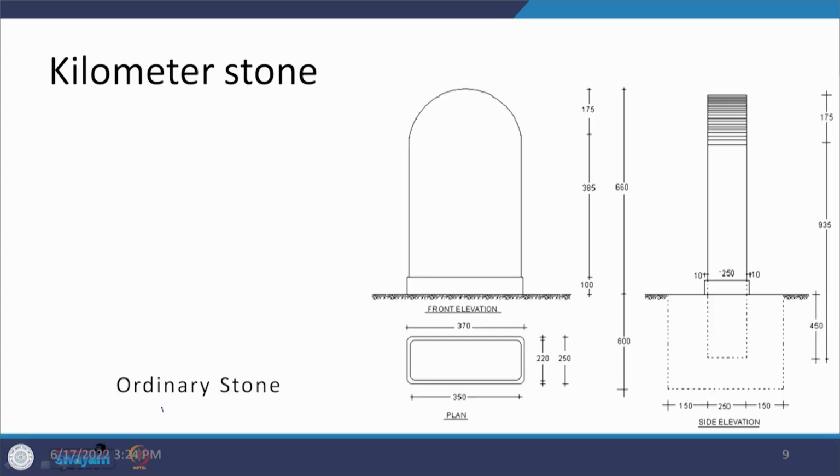Here we are looking at an ordinary stone. In the case of ordinary stone, what we have is say the name of one place and then the kilometer. So, this name is 80 mm, the kilometer is 130, in between the space is going to be 50 and 50 here and 75 at this side. So, this is going to be 385.